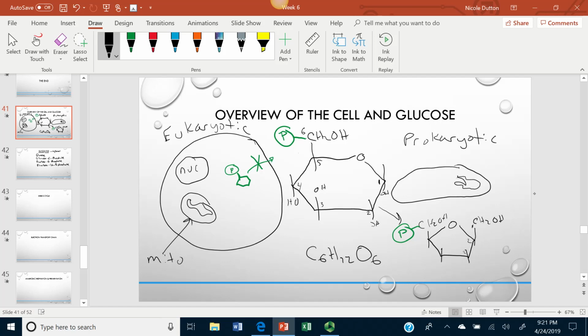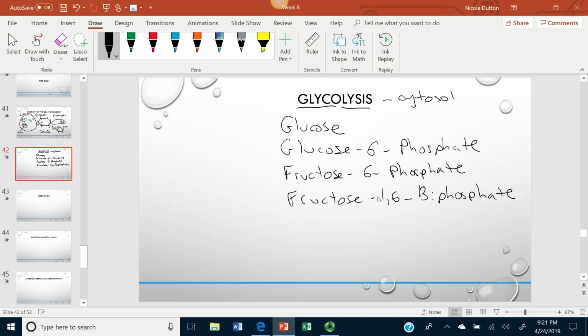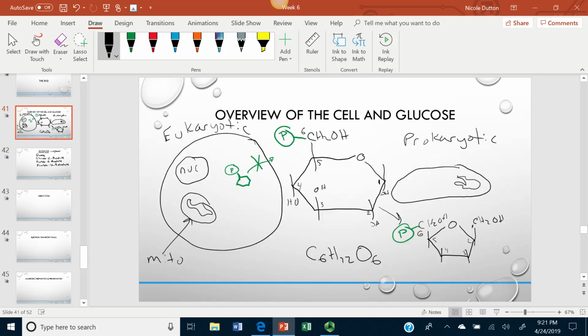So this would be carbon 2, 3, 4, 5, and 6. So if we want to have fructose 1,6-bisphosphate, we would add a phosphate to the first carbon because we already have a phosphate in the 6th position carbon. So we would add it here.